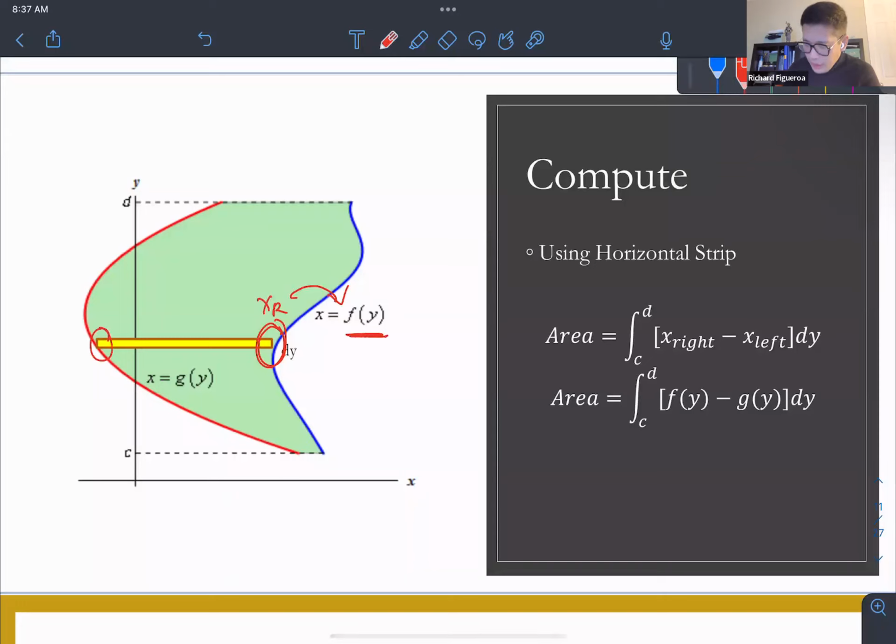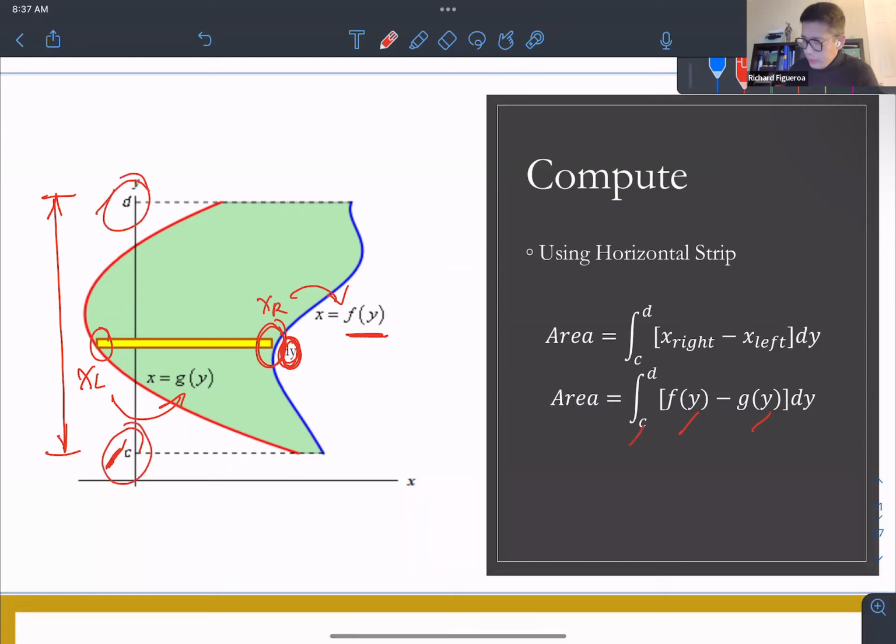Ang left function natin, that is xl, x equals to g of y. And then our limits, since dy tayo, ang limits natin is along the y-axis. That is from C to D. So that's how we get the area bounded by the curve.